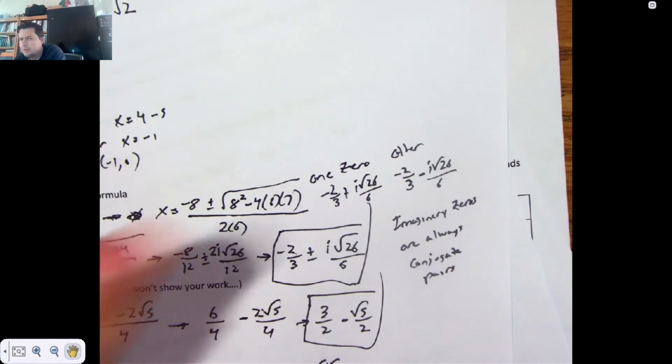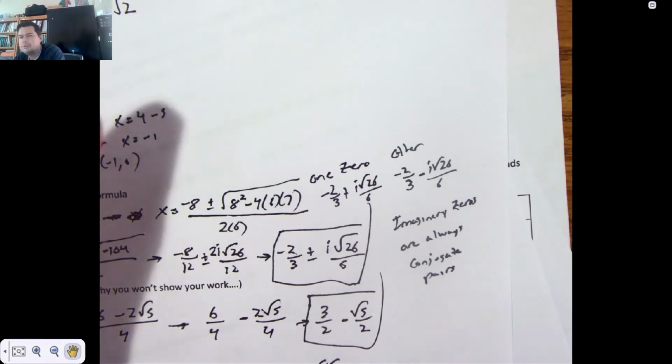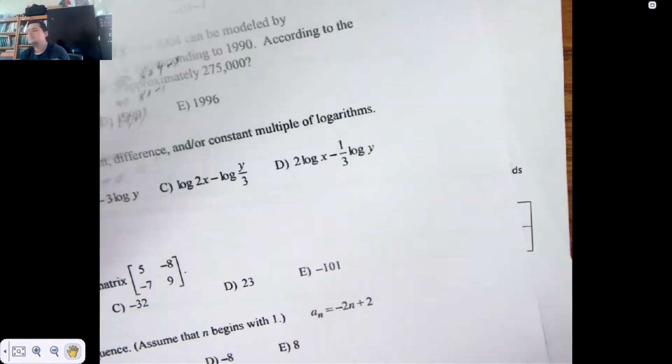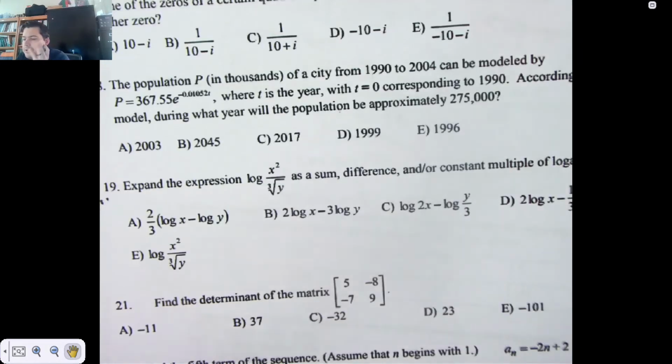All the weird ones. Whole numbers, they can be whatever. One of them can be 2, one of them can be 12. But your weird ones, where you have like 2 plus root 3, the other one's got to be 2 minus root 3. So that's that one. All right, so there's your hint on 17. You should be able to figure it out now if you actually watched it.